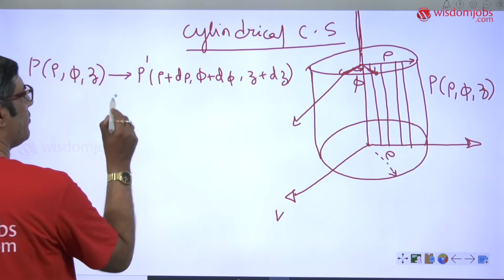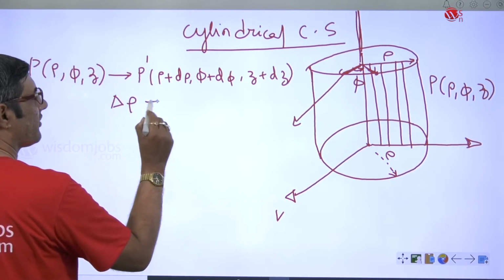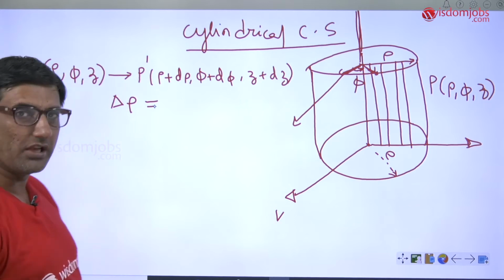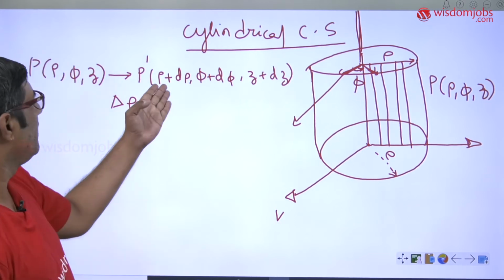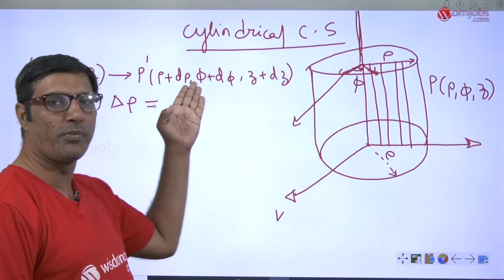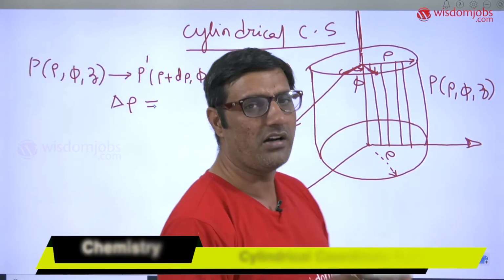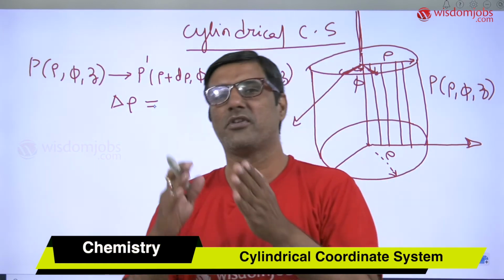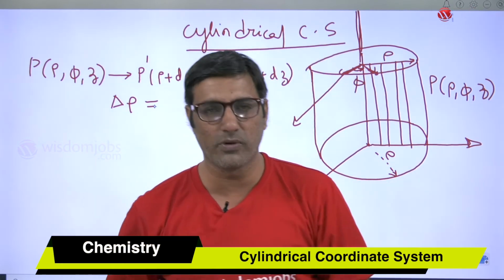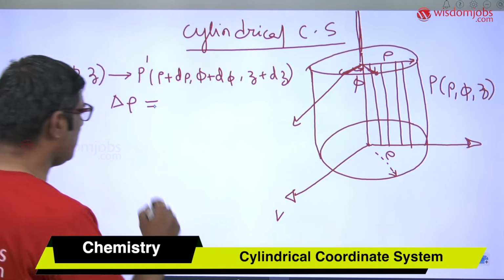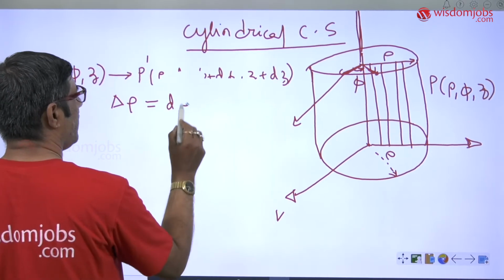First, delta rho, the increment in the rho direction. The final point is rho plus d rho and the initial point is rho. By using the distance formula, square root of (x2 minus x1) whole square plus (y2 minus y1) whole square plus (z2 minus z1) whole square, the first coordinate will obviously be d rho.